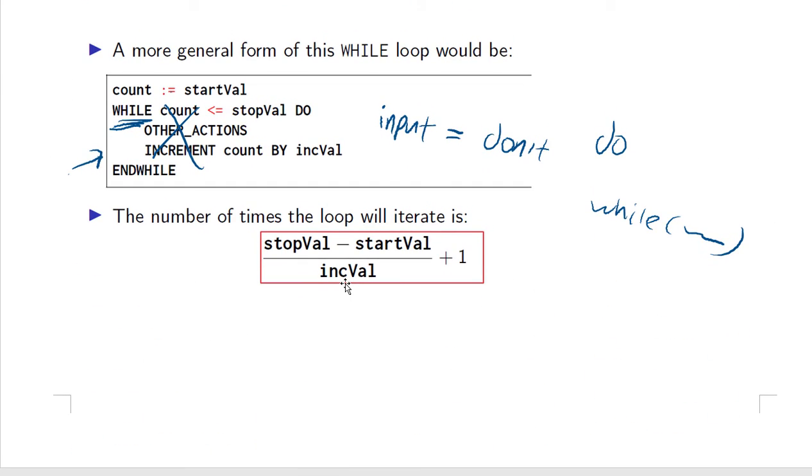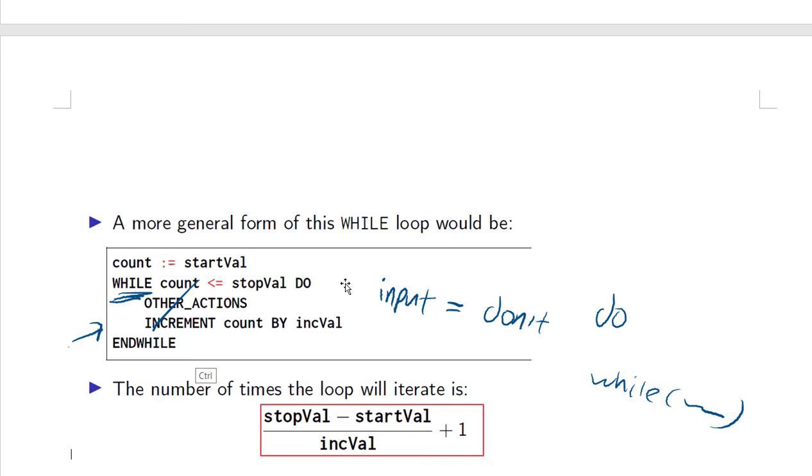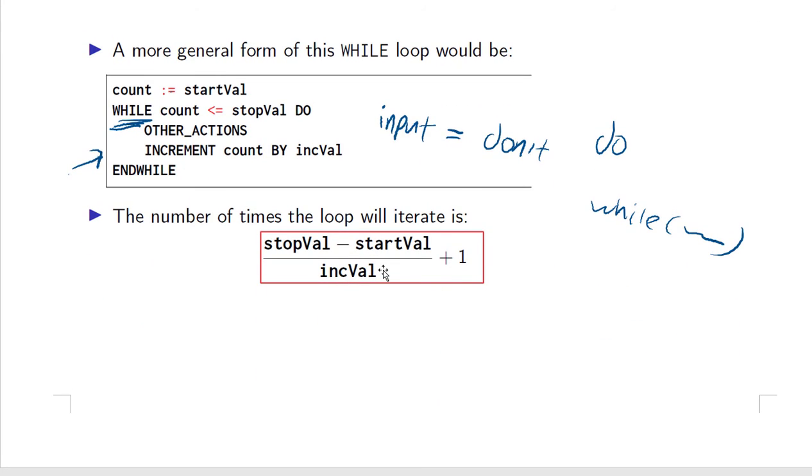But the main concern we are going to look at is the formula. The formula is stop value minus starting value divided by increment value. Look at this red box: stop value minus start value plus 1, and this is the number of times of the loops.